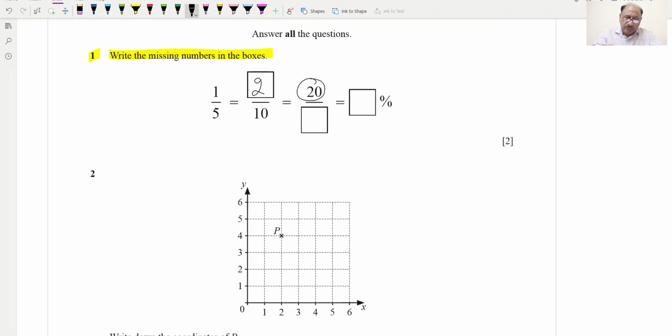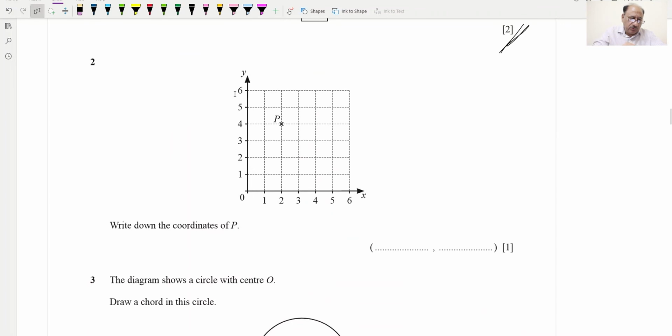Then this is being multiplied by 10 to get 20, so the denominator will be multiplied by 10 as well, so it will be 100 over here. In the form of a percentage, this is 20 over 100, which can be written as 20%. So we are done with this, and this is 2 more questions.